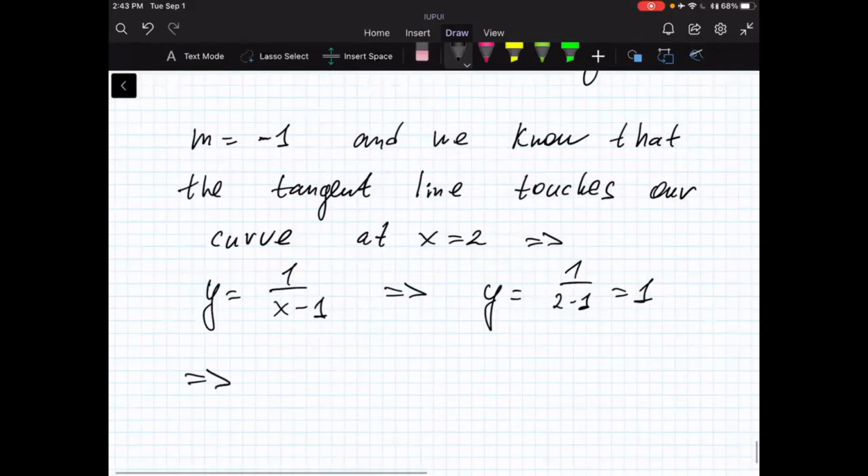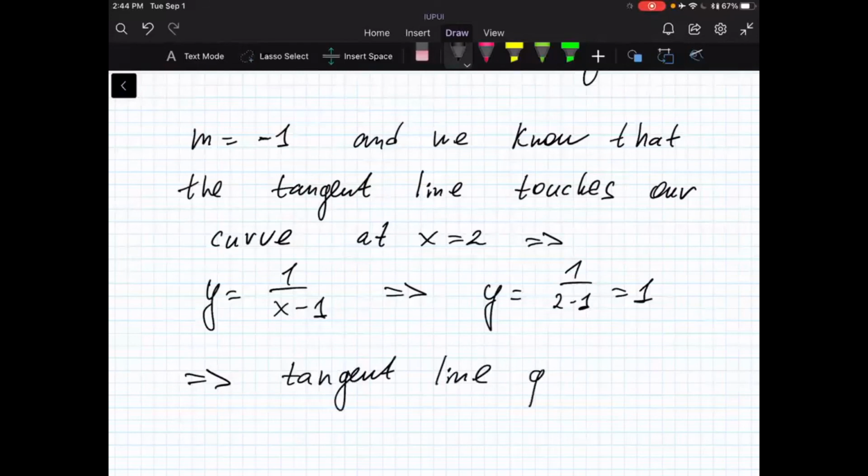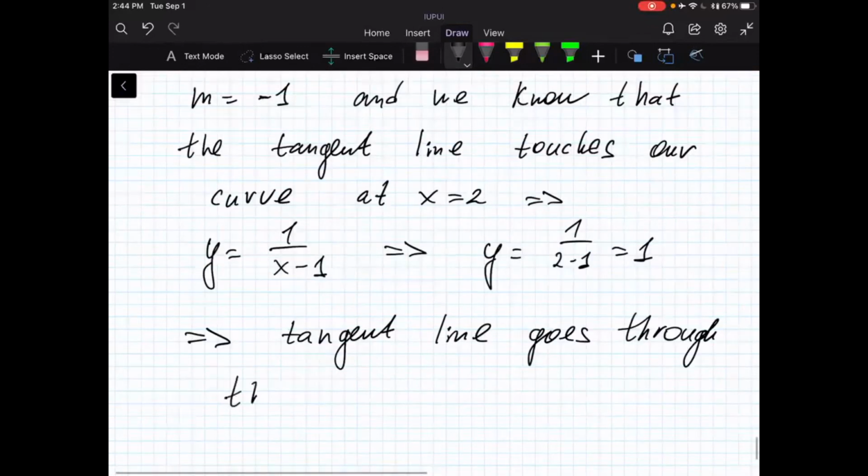So if the tangent line touches that curve, that means the tangent line goes through this point with coordinates 2 and 1.